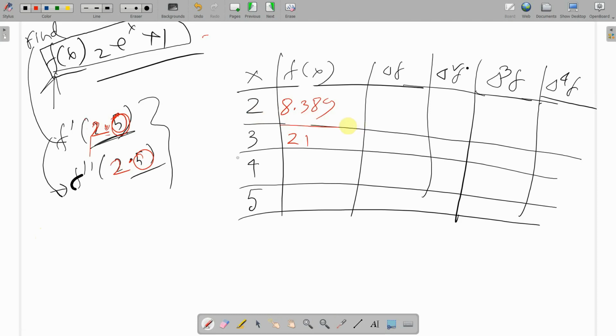So 8.389, 21, 4 value will be 50, 51. Approximation कोई नहीं आ रहा है.